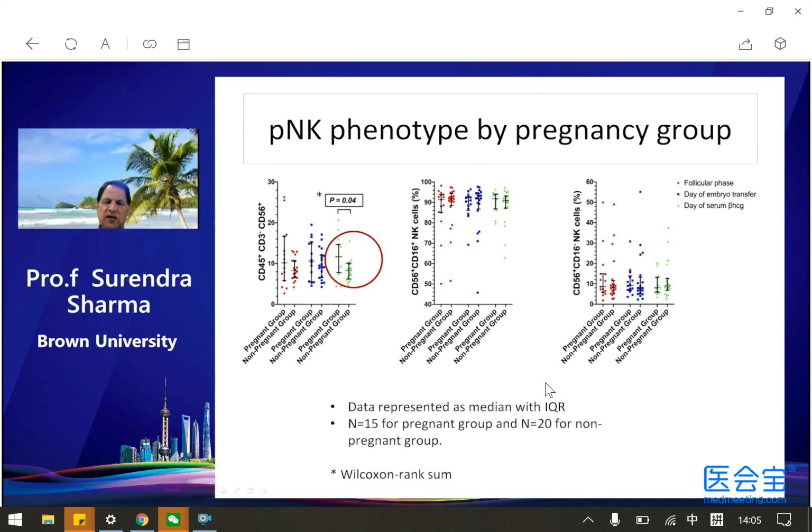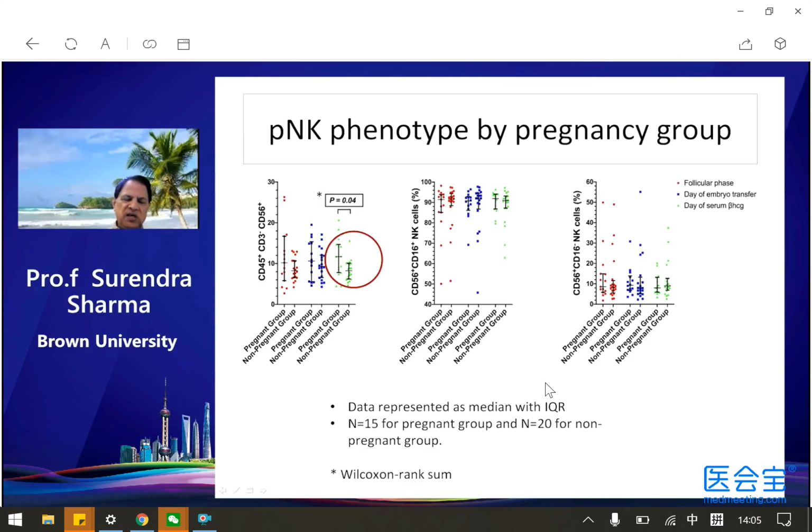The first set of data: we used a number of experiments to characterize these parameters. Here we are looking at CD56 positive NK cells in the different phases of sample collection, as I described in the previous slide: follicular phase, day of embryo transfer, and day of serum beta HCG detection.